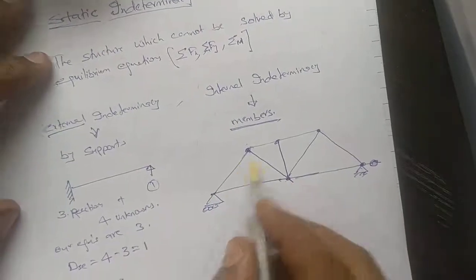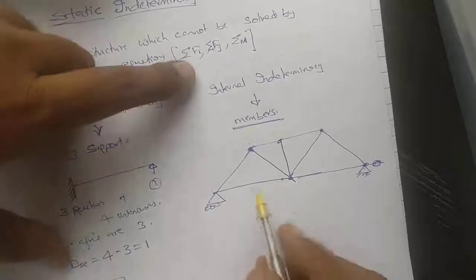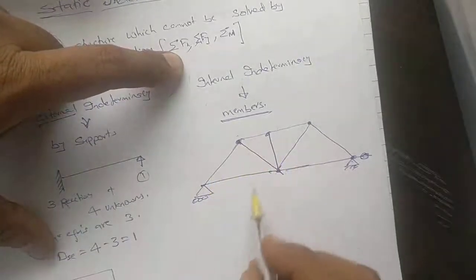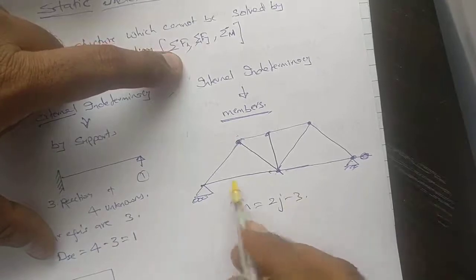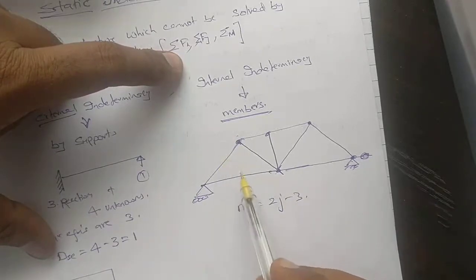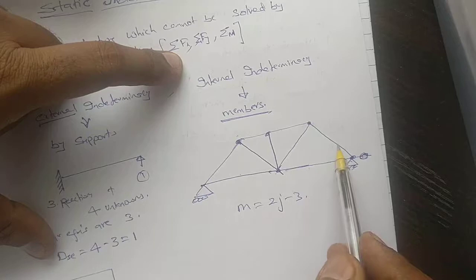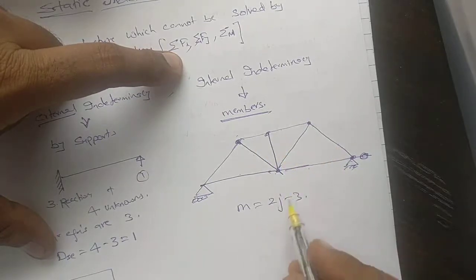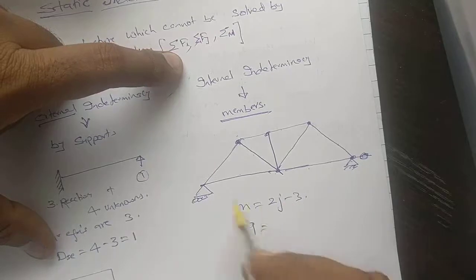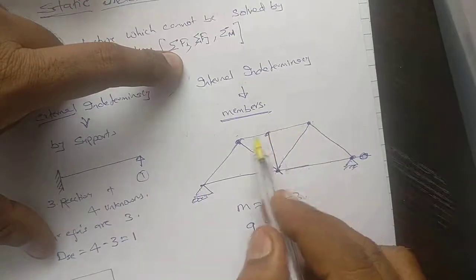Now here for trusses, what we have is m should be equal to 2j minus 3. Now here we are having 1, 2, 3, 4, 5, 6, 7, 8, 9. Members are 9. Joints 1, 2, 3, 4, 5, 6.